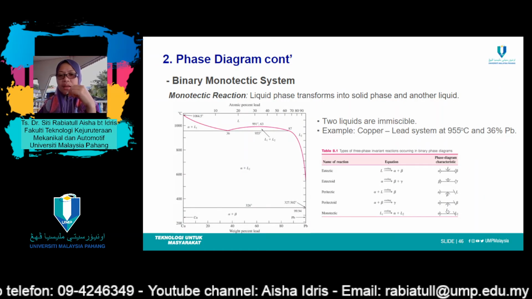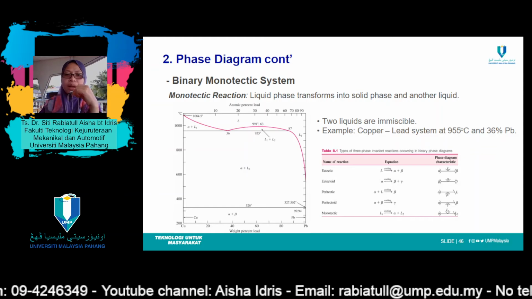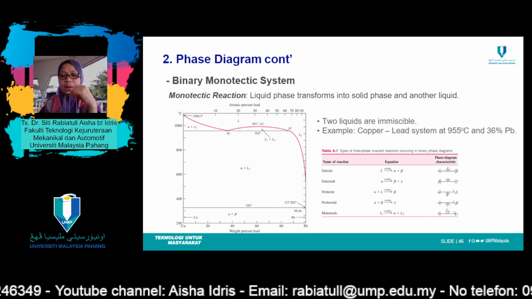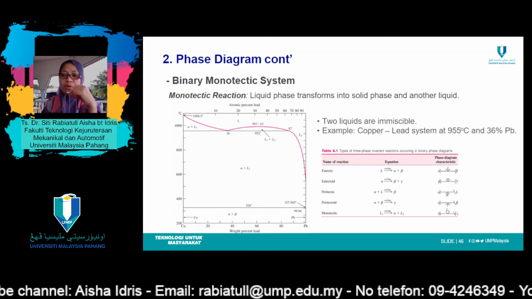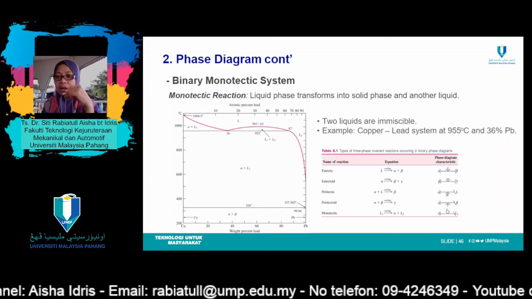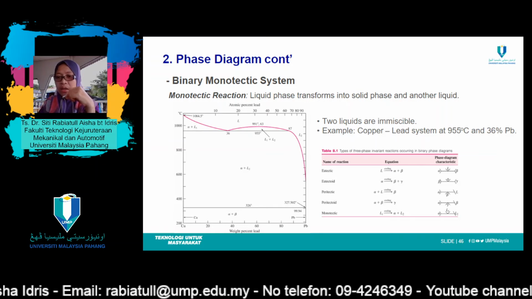And other than that, there's also what is called the binary monotectic system. Monotectic reaction represents a liquid phase transforming into a solid phase and another liquid.